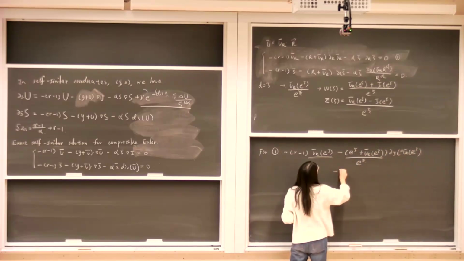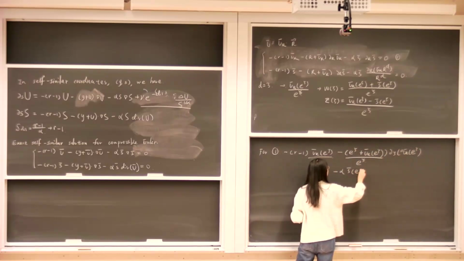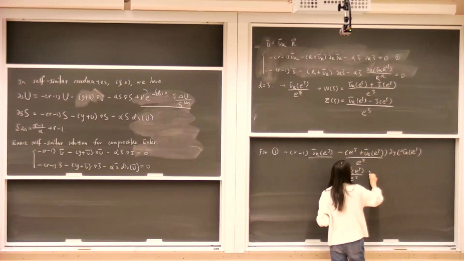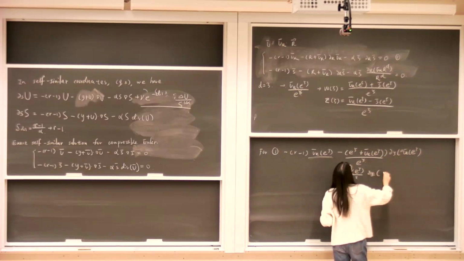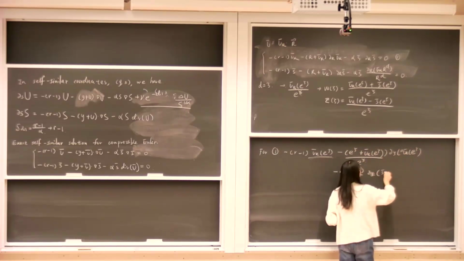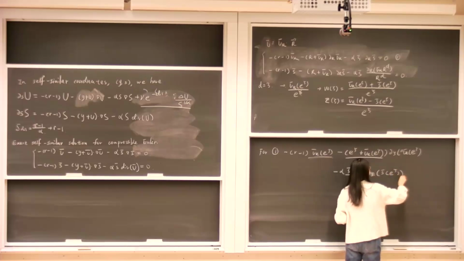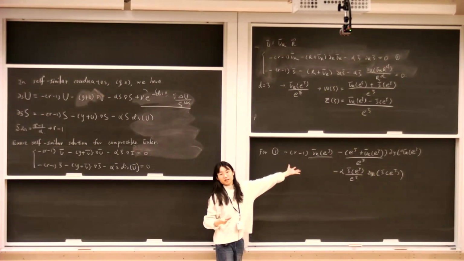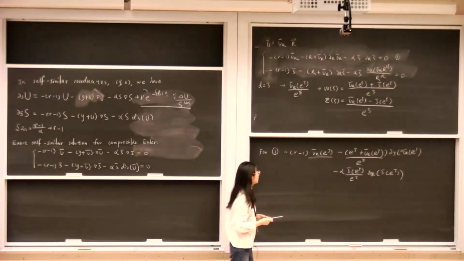And the second term is the same. So now it's a derivative with respect to zeta instead of derivative with respect to r. And then you just divide it by e to the zeta. You will see that this is autonomous.